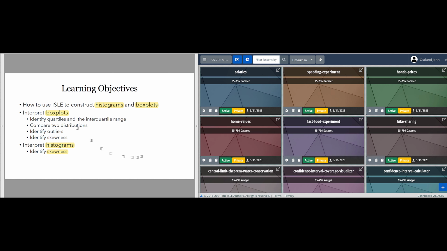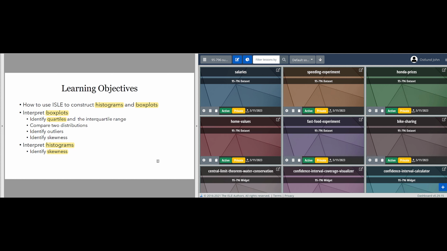Box plots are much more detailed in terms of the graphical representation that they describe. You can identify so-called quartiles, that is the median value where half of the data is less and half of the data is greater.